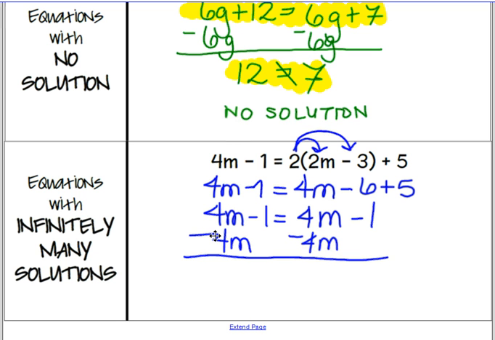And then my variables are going to cancel, so I'm left with negative 1 is equal to negative 1. And in this case, that is a true statement. Negative 1 does equal negative 1. So the solution to that, what we would write, is that there are infinitely many solutions or all real numbers.